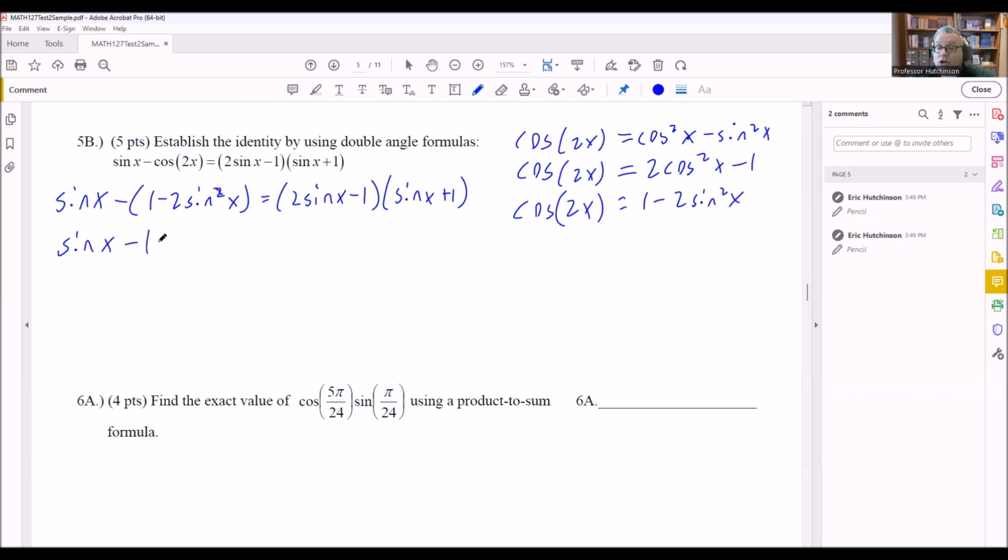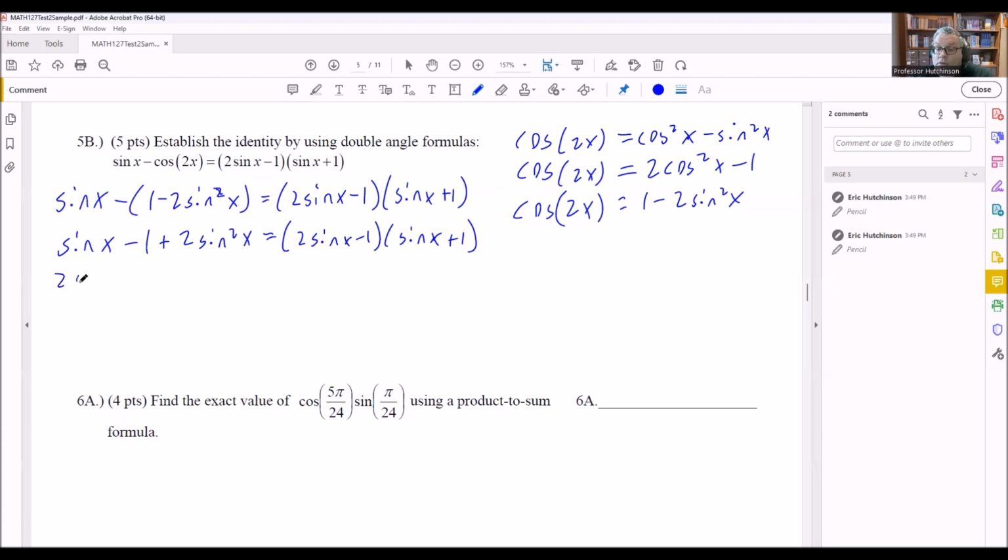So I'm going to do minus 1, then I have plus 2 sine squared here. So distribute the minus sign, and that changes both these signs. And now I have this again on the right-hand side. I'm not going to do anything with that as is. Just leave it as the plus 1 over there.